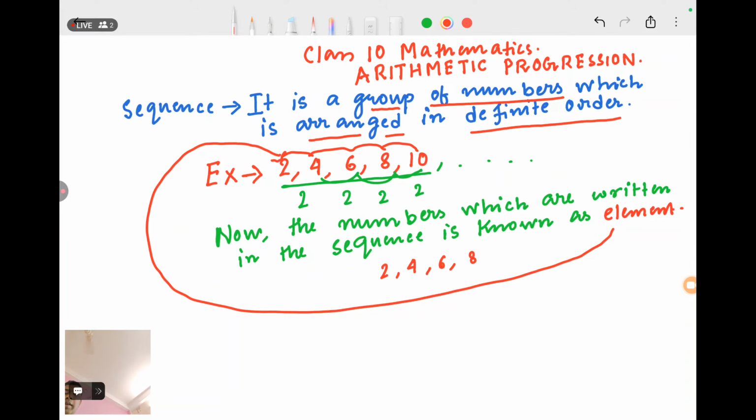These numbers are known as elements, or also as terms. We can call the numbers elements or terms. So it is very easy. Now we have learned two concepts: sequence, and elements or terms.